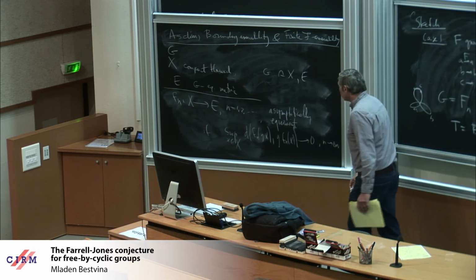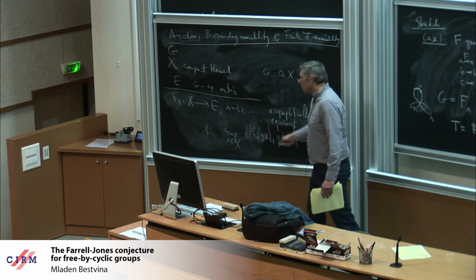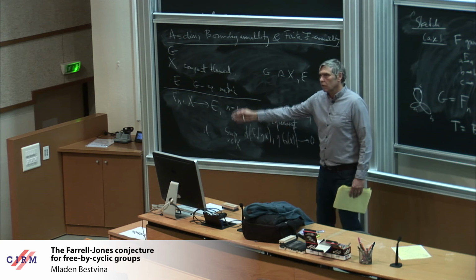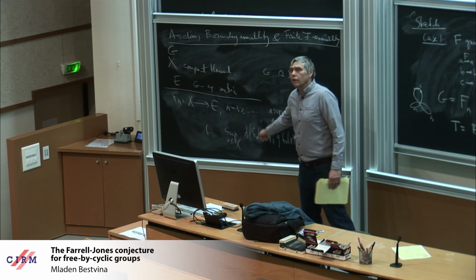Okay, so if it was equivariant on the nose, this would be 0. But you just want to know that somehow as n gets larger and larger, we are more and more equivariant.